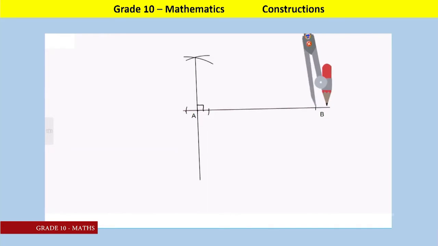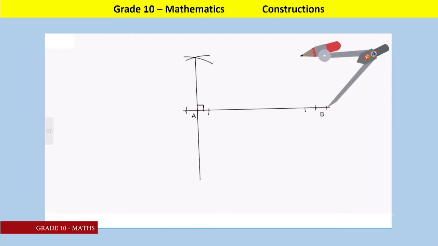Take any radius, keep the steel point on B, draw an arc to intersect the line, don't change the radius, draw an arc to intersect the line. Just as earlier, keep the steel point on new point, construct an arc just as earlier. If you want, you can change the radius. Jump to the new point, draw an arc.